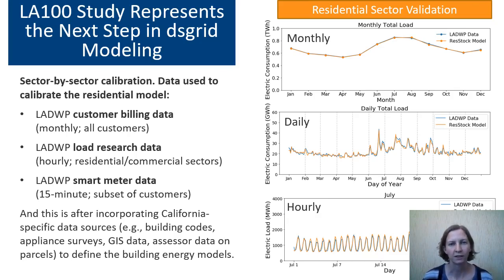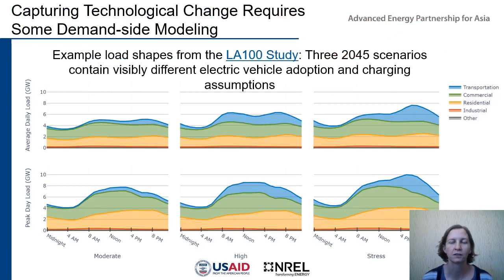And we basically did this for all of the sectors with some special focus on residential and commercial buildings, since those are historically the biggest electricity users in the city of Los Angeles. And that gave us a solid basis for creating projections, which are summarized here.